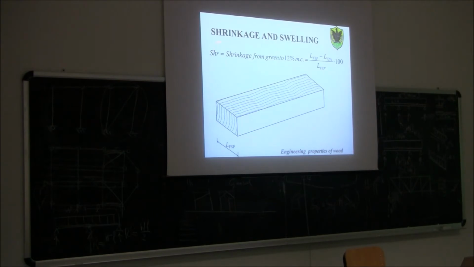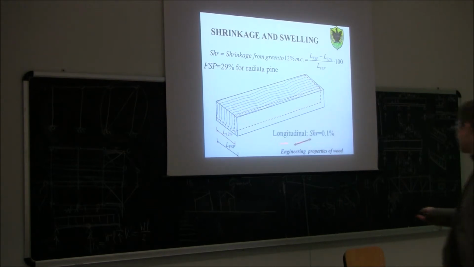So we can define this quantity, shrinkage from green to 12%. The shrinkage is the length of the specimen at the fiber saturation point, minus the length of the specimen at 12% moisture content, divided by the length of the specimen at the fiber saturation point, times 100. For example, this fiber saturation point is usually 28% or 29%. So if we move from 29% to 12%, we will have shortening in all three directions.